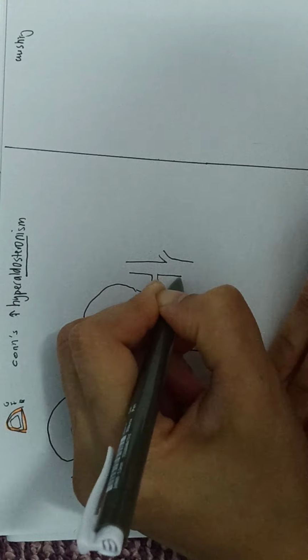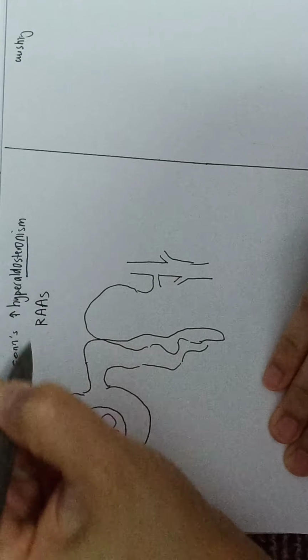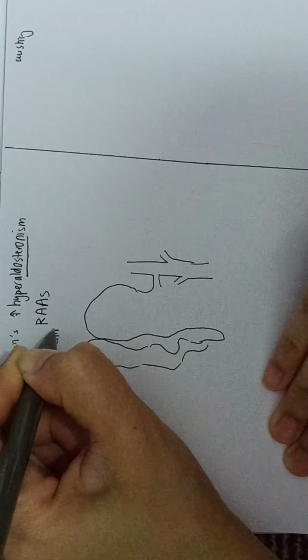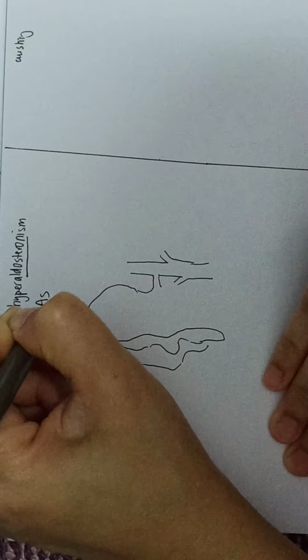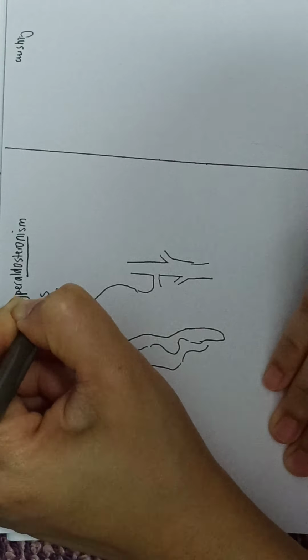Really, what aldosterone does is in the RAAS, the renin, angiotensin, and aldosterone system. Basically, it is to increase the BP.